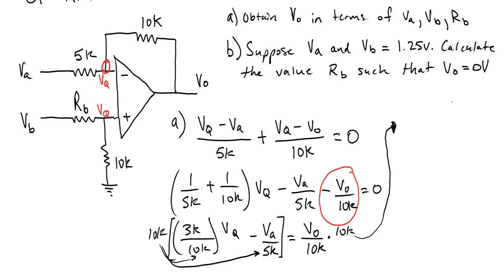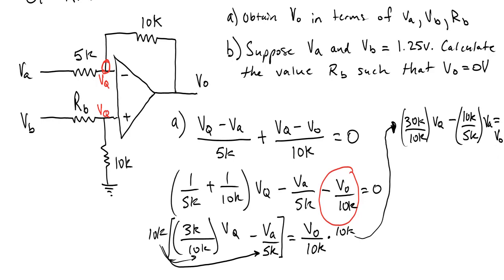And so if we distribute that 10K, then what we end up with is 30K over 10K VQ minus, again, we're distributing the 10K, so we end up with 10K over 5K times VA, and that's going to equal, sorry, I was running out of space, VO.